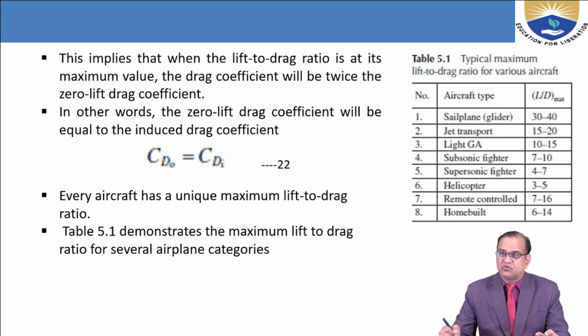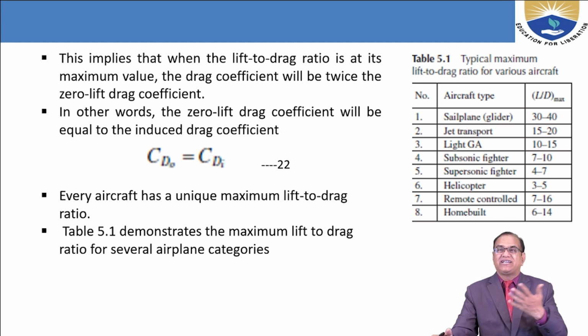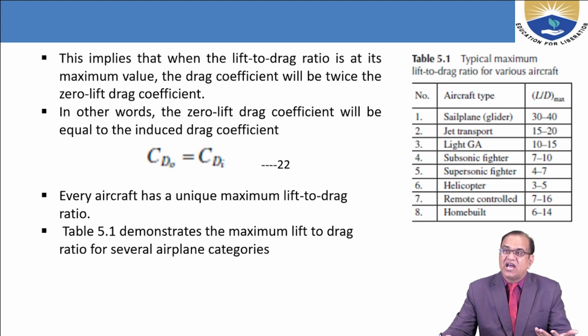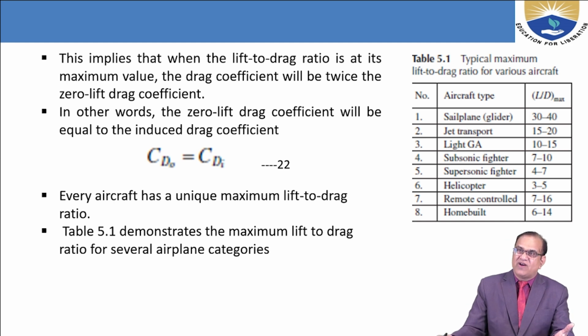Helicopters, they have 3 to 5. Remote control RC plane, they have 7 to 16. Home built RC plane, you have 6 to 40. So these are a few examples of different types of aircraft which will have different L by D maximum. For sailplane it is very high, and for supersonic fighter plane and helicopters it is very less.